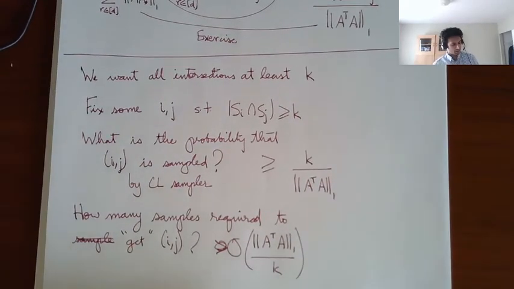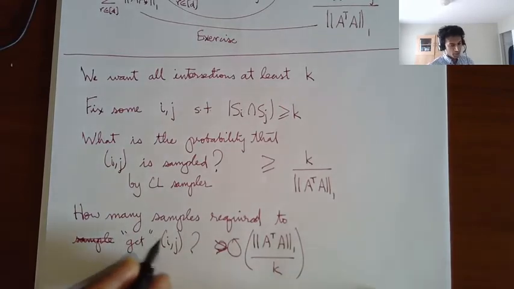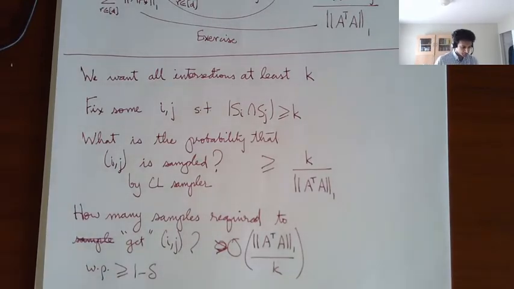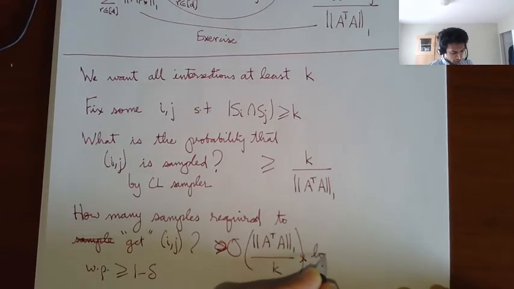to just get it. What is the number of samples you need to get this with probability at least 1 minus delta? Just log 1 over delta. You just multiply this by log 1 over delta.